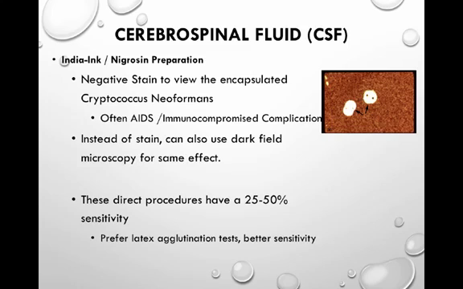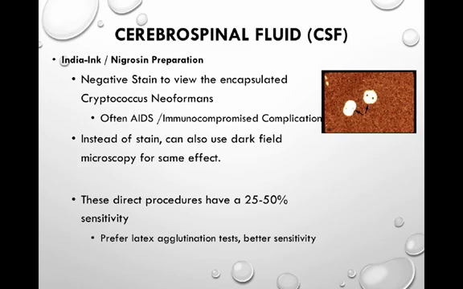Once relatively rarely encountered, this organism is commonly found in the CSF of patients who are immunocompromised. So with the coming of AIDS and immunocompromised patients, we're starting to see more and more of this organism in CSF.